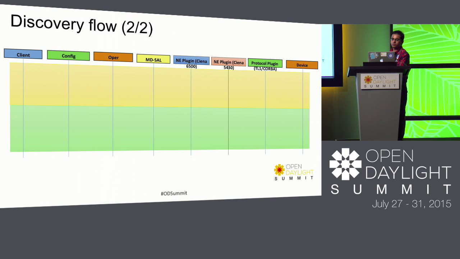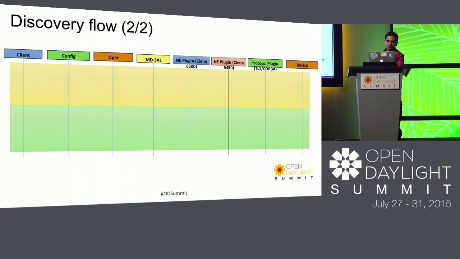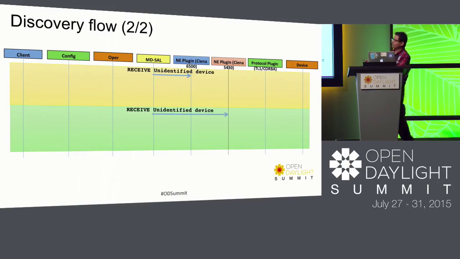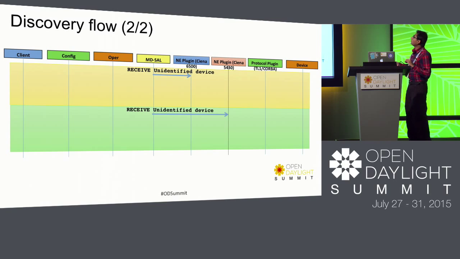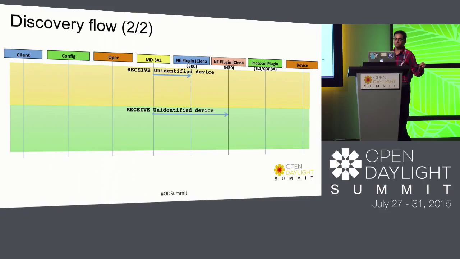Okay, so from here, when you publish that the device is not identified through SNMP, simultaneously, if you have multiple device drivers registered, in this example I'm showing Ciena 6500 and 5430, two plugins, drivers installed.